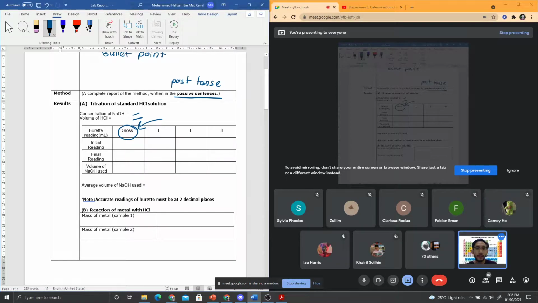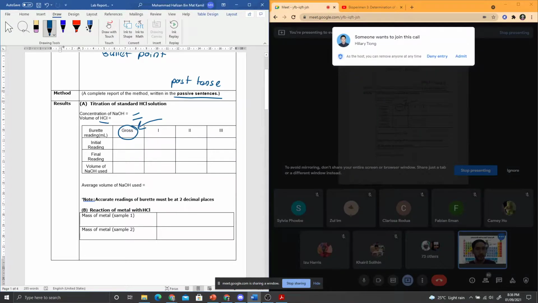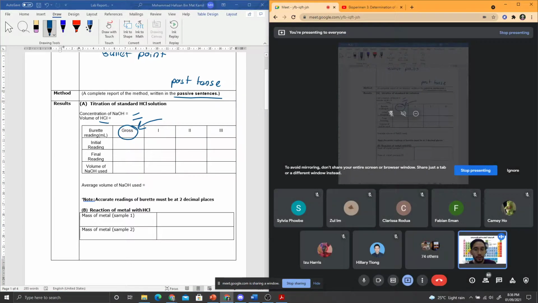Okay, kita nak tahu dalam ballpark of how many that we need to use untuk neutralize the HCl lah.